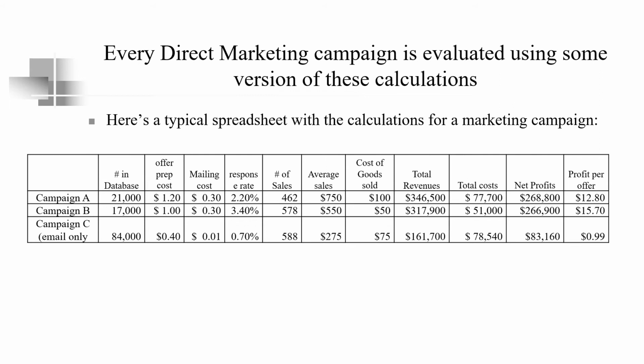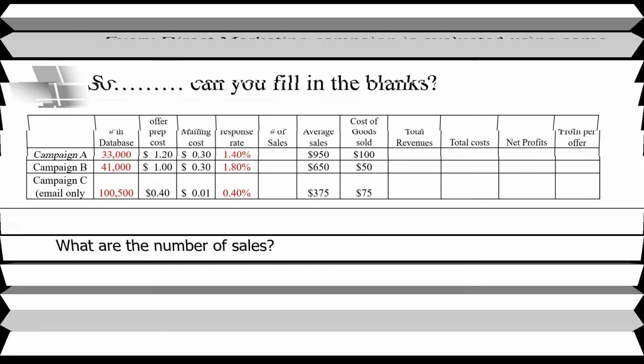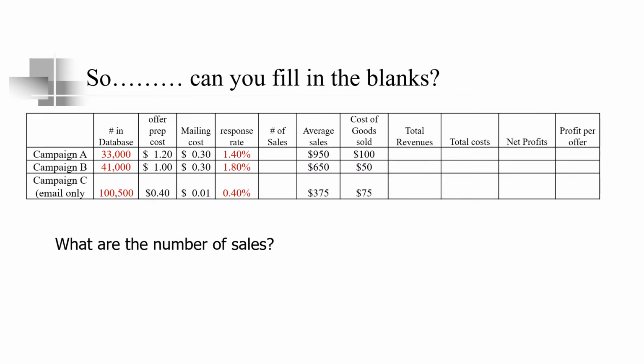These are the kinds of data and calculations that are necessary all the time. And this looks relatively straightforward. Let's see if you can, in fact, fill in the blanks.